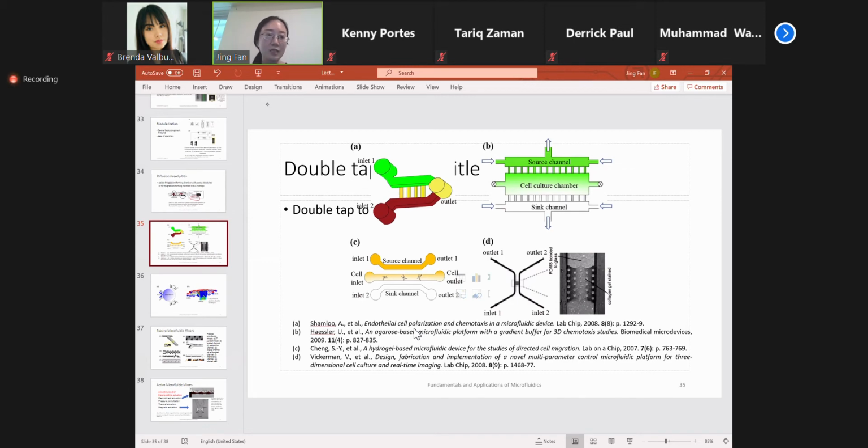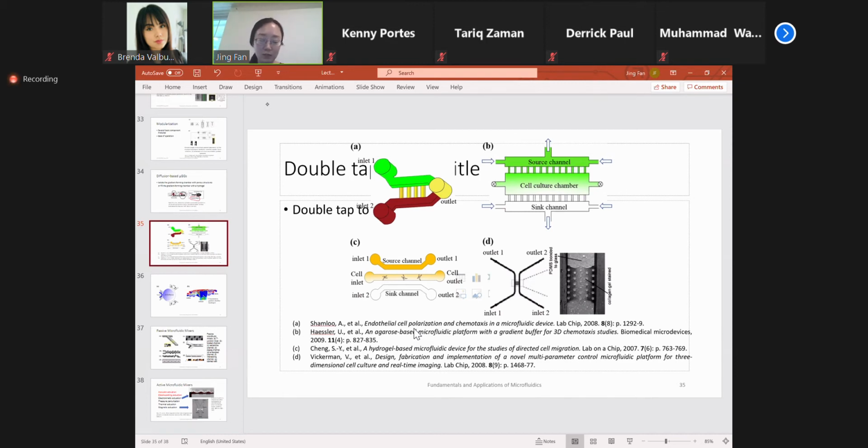And in panel C, again, we have the source channel and the sink channel, and in between we have the cell culture channel. And between the source and sink channels and the middle cell culture channel, we have a hydrogel, which is agarose hydrogel.